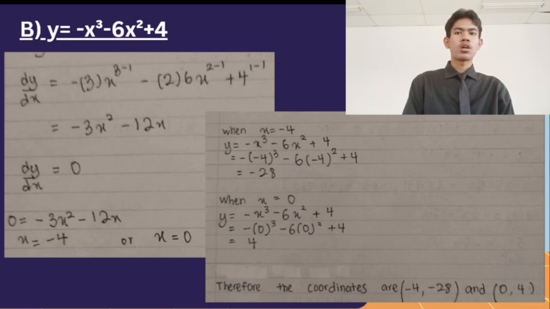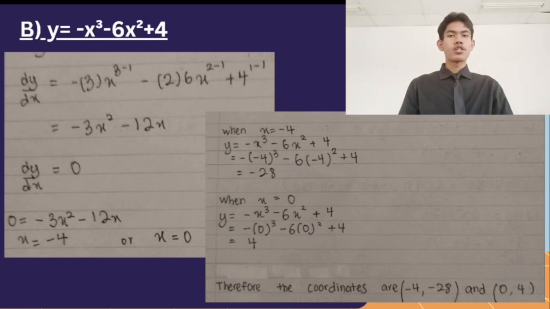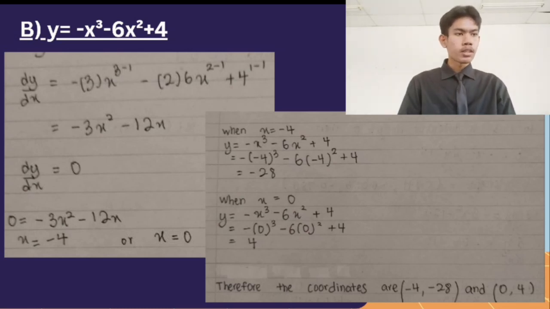So 0 equals negative 3s to the power of 2 minus 12s. Use the calculator to find the equation solution, and you get s equals negative 4 or s equals 0.